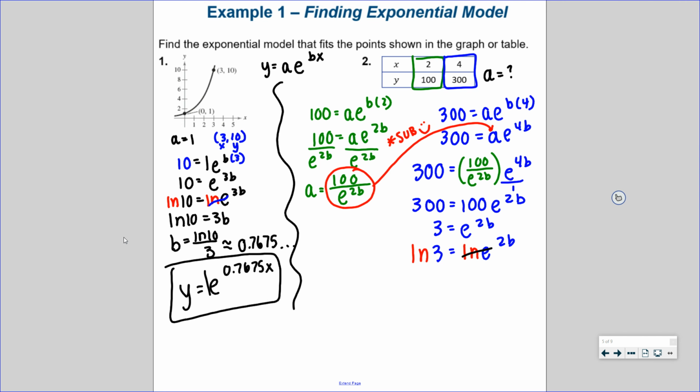All right. So I have b is the natural log of 3 divided by 2, which is approximately, what did I get? 0.5493.